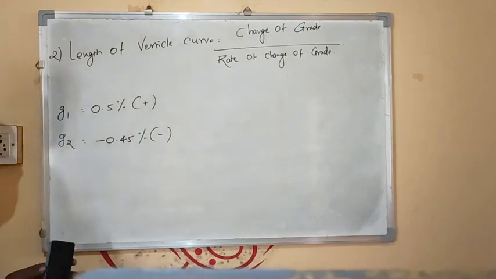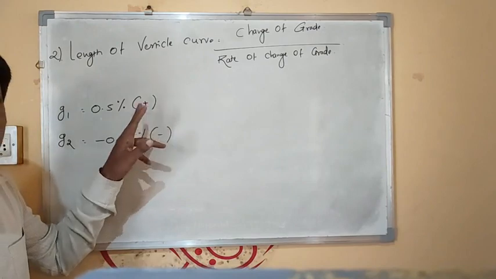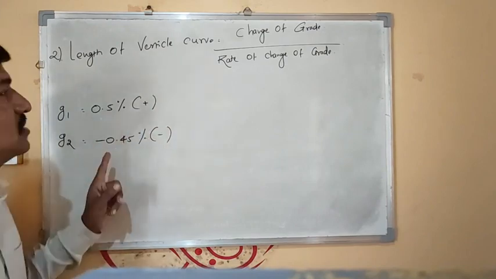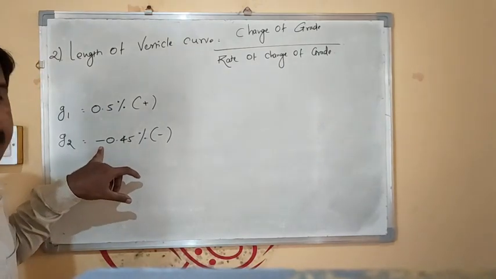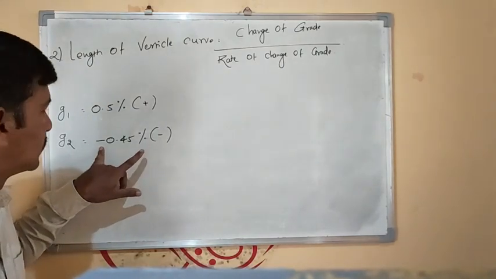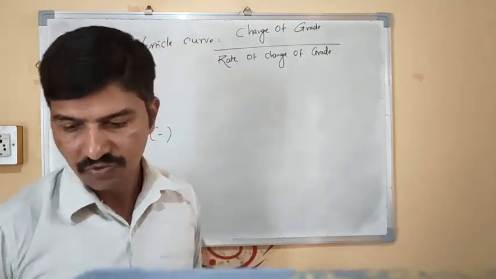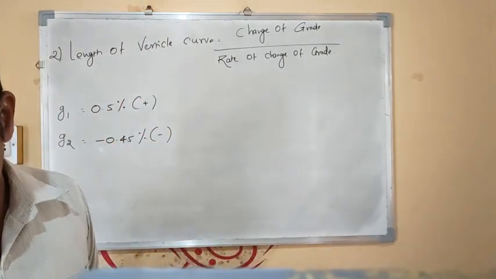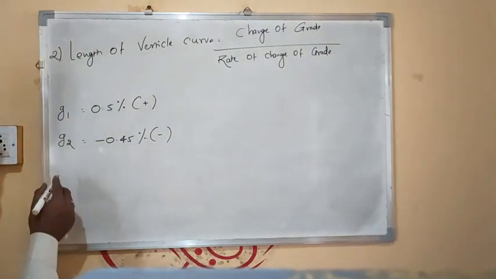What does this mean? The positive gradient is an up gradient, and the negative sign means it is a down gradient. One more important data they have given us is that the rate of change of grade is 0.1%.